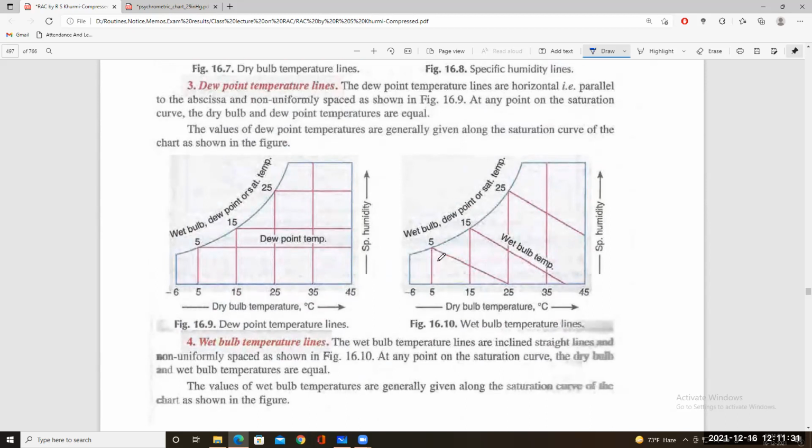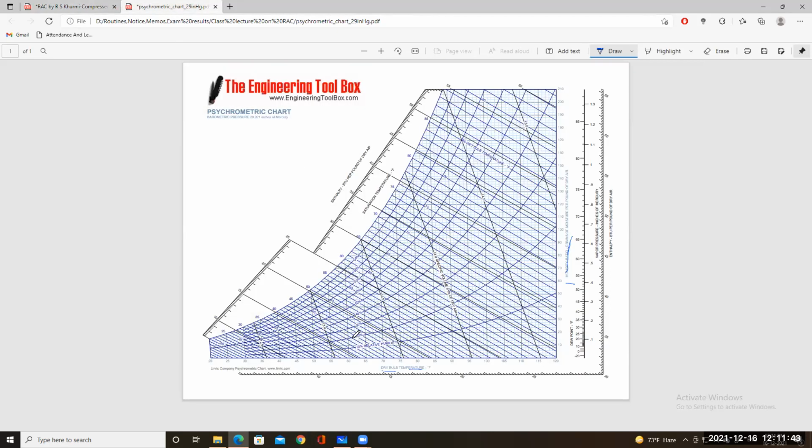So a vertical line is drawn from the DB temperature and joined at this curve, and we get the wet bulb temperature line like this. For 25, it is drawn and reaches 30, 35, 40, etc.